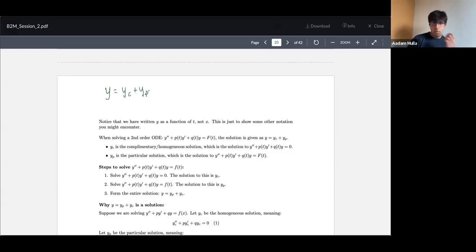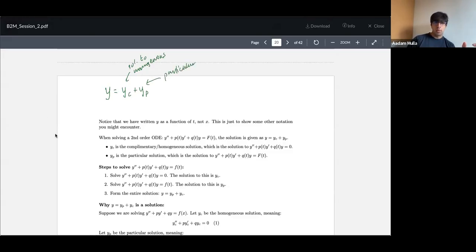Okay. Why do we do this? What does this mean? yc is the complementary solution, i.e., the solution to the homogeneous differential equation. yp is the solution to the particular differential equation. Let's see what this means.